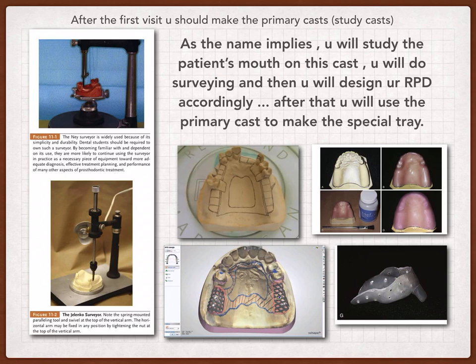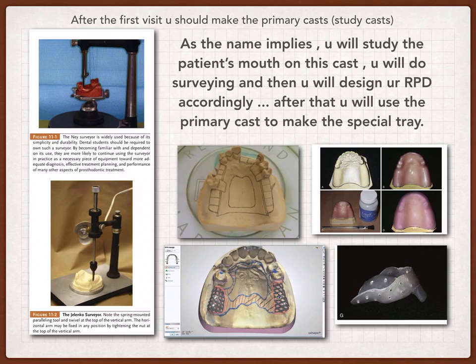Generally, the removable partial denture will consist of rests on the teeth that will support the denture, and it will also be composed of direct retainers and indirect retainers that will provide retention to the removable partial denture, and finally major connectors and minor connectors, which will connect the parts of the removable partial denture, and finally a base that will support the teeth that replace the missing teeth.